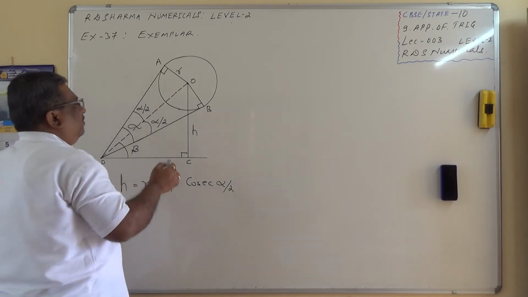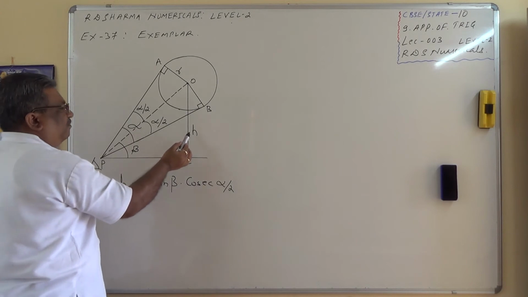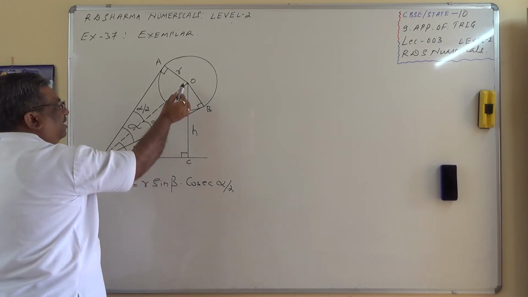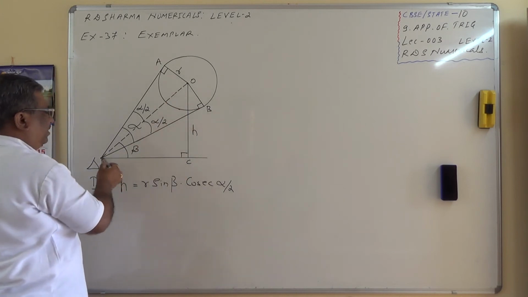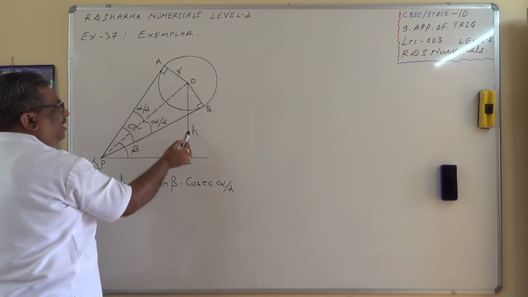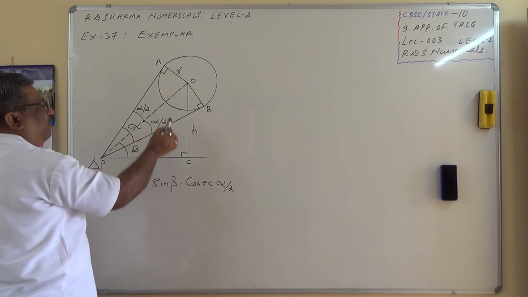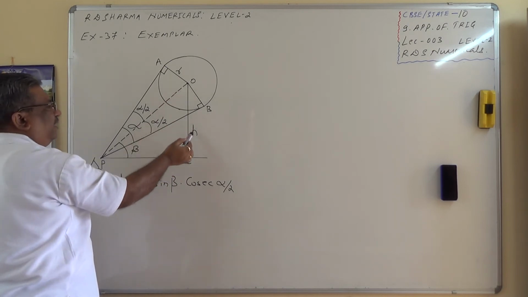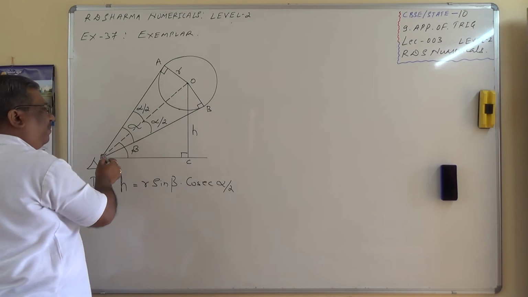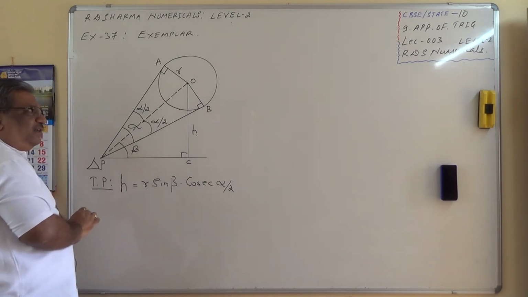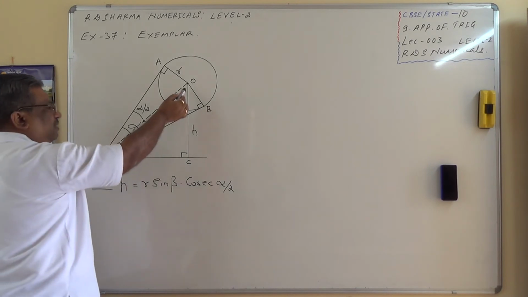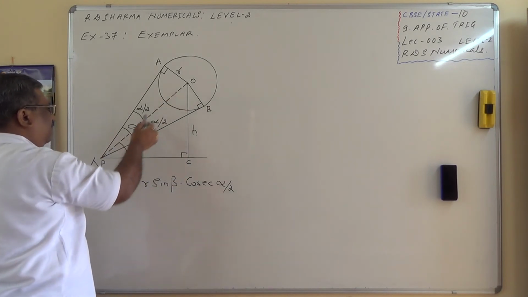Now, in order to find H, I require triangle OPC. In this triangle, if I take the ratio of H by OP, it is sine of beta. I hope you are understanding. Sine beta equals OC by OP.